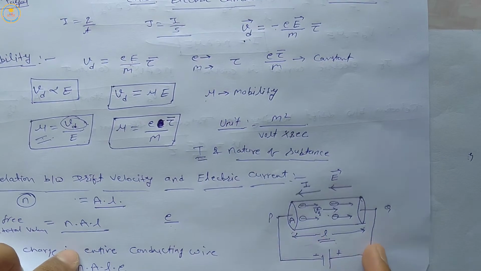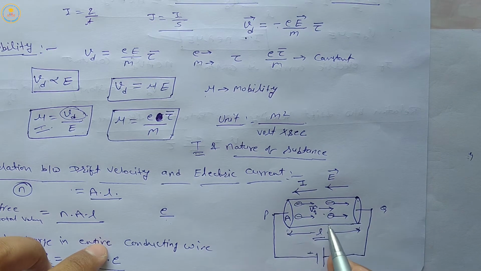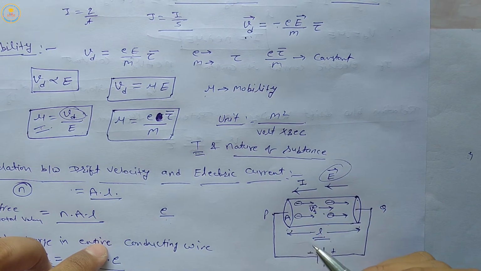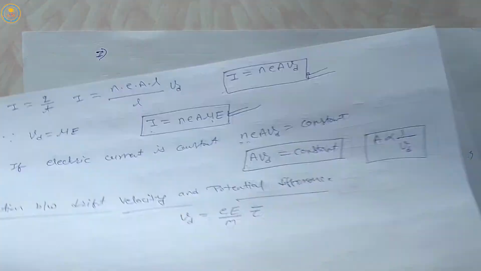And for this conductor, if we apply a potential difference V at the ends, then an electric field E will be produced. Consider E and V.